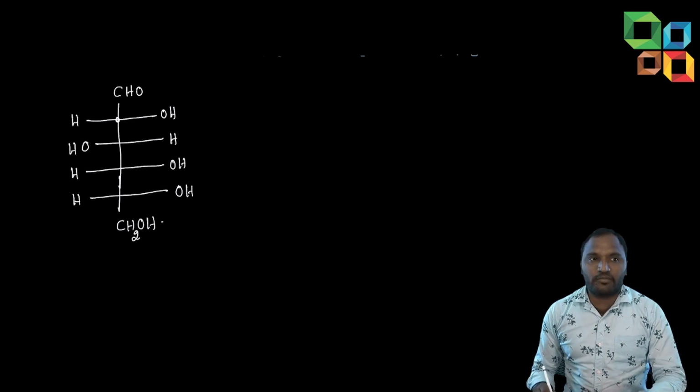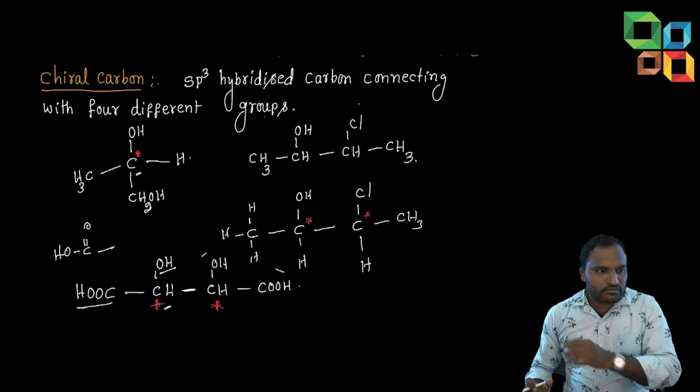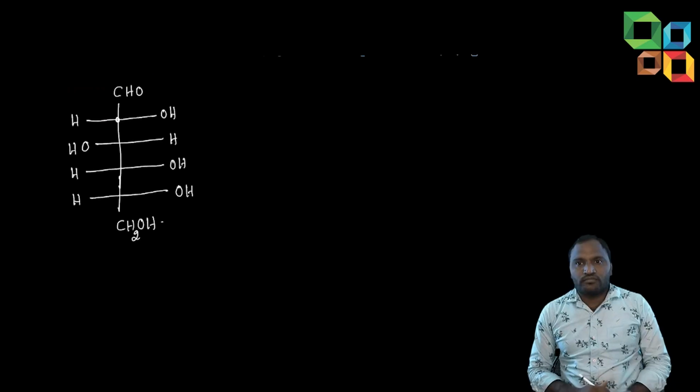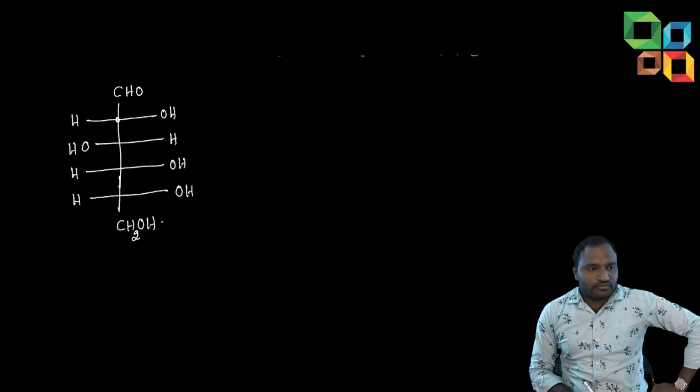How many chiral carbon atoms are there? Yes, if it is having double bond, it cannot be. Start and copy it. How many are there? Tell me, students.